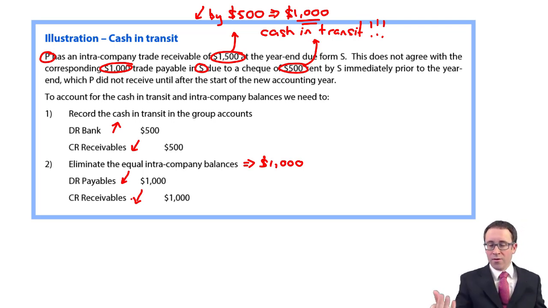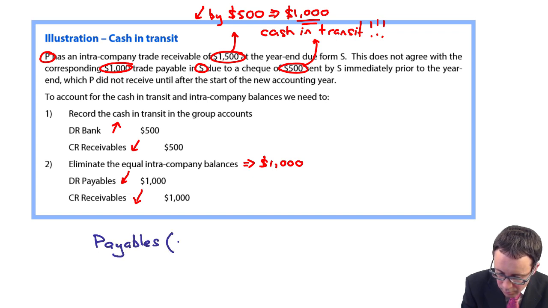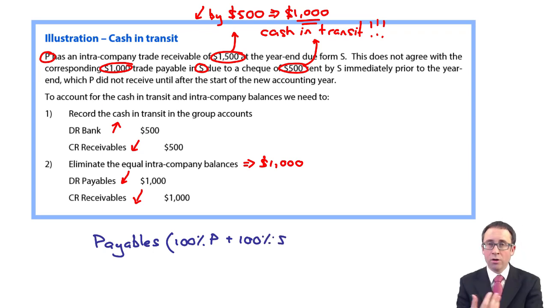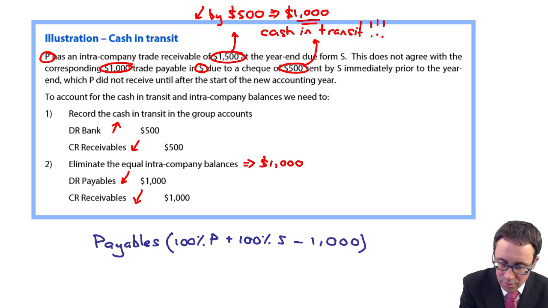So whereby we've got, let's just say that, is it the payables? You would consolidate 100% of P. You would add in 100% of S. And then let's be specific here, you would deduct the 1,000.